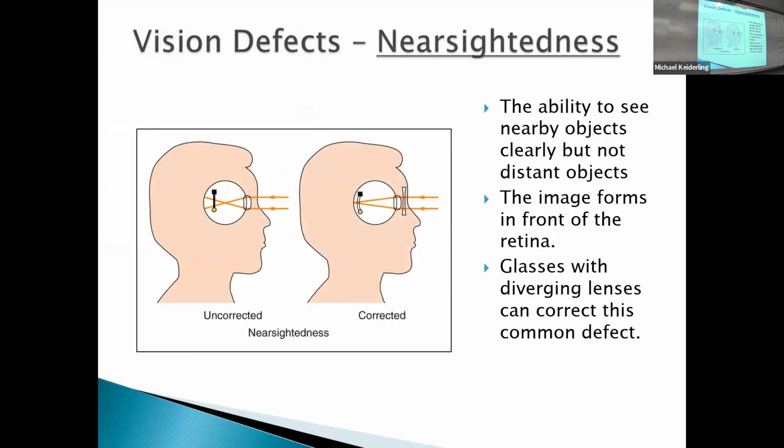Nearsightedness is the ability to see nearby objects clearly, but not distant objects. When you look at distant objects, if you're nearsighted, the image forms in front of the retina. This happens because your lens, when you're looking at something distant, can't get to the right shape.